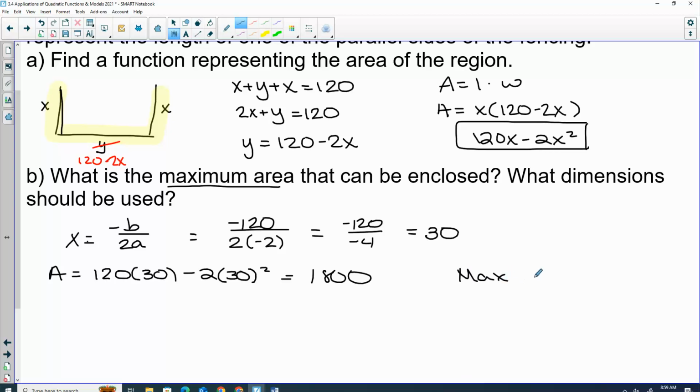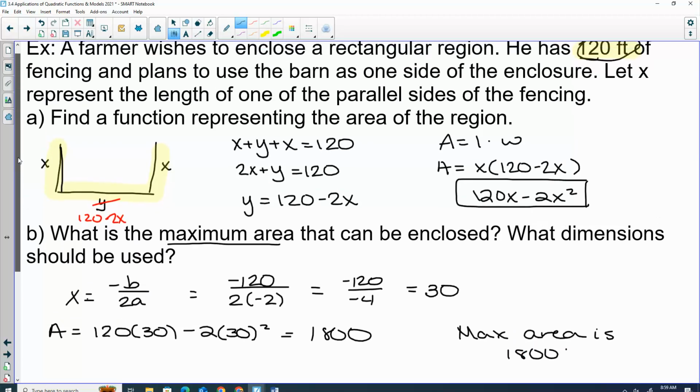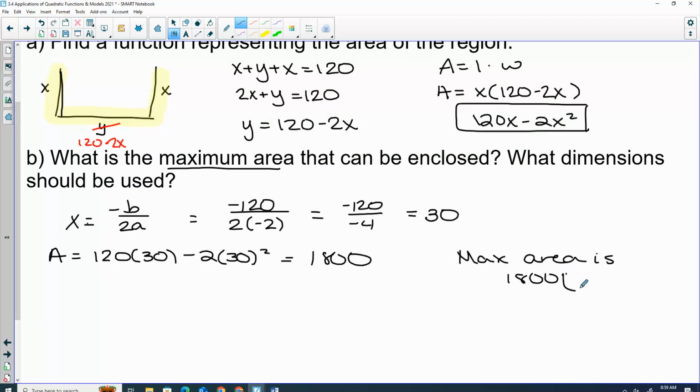Our max area is 1,800 square feet. I also asked you what dimensions. So that's length times width.